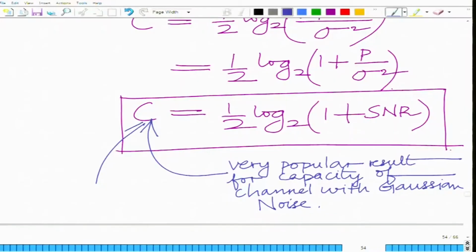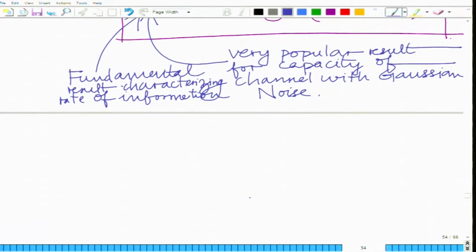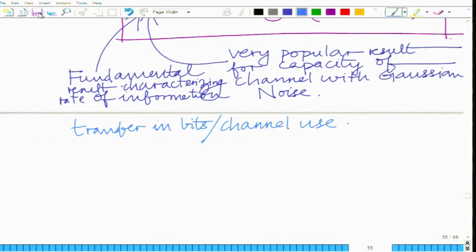It is a fundamental result characterizing the rate of information transfer in terms of bits per channel use.